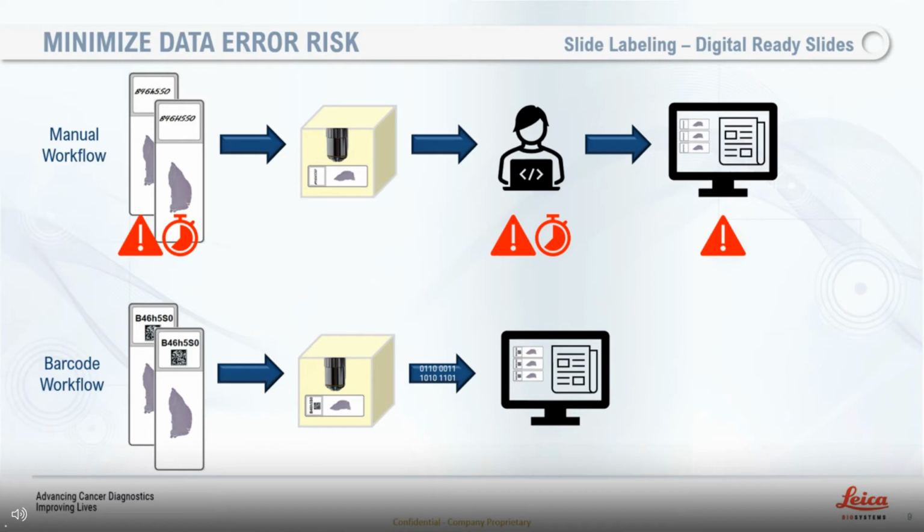So by moving to this type of scenario, you really are going to limit your risk and eliminate some of those manual workflow steps within the process. That overall gives you greater confidence and security in what you're actually viewing digitally on screen, or indeed leveraging for AI or automated image analysis development.